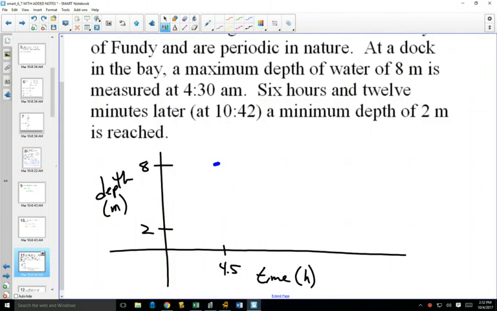6 hours and 12 minutes later, I'm going to measure that to be about there. It's at the minimum at 2. I need you to tell me, what do I put under that tick mark? 4.7. And how do we know it's exactly 4.7? Is that an estimate or is that exact?